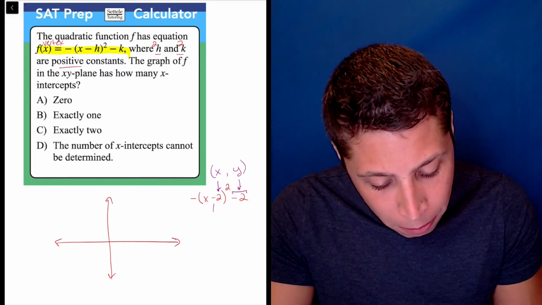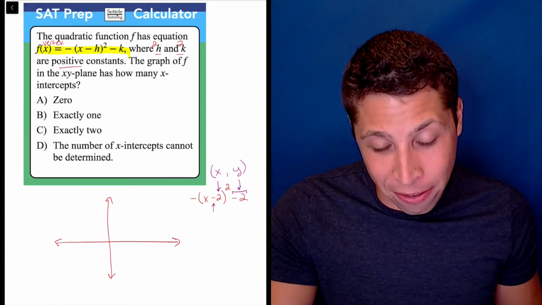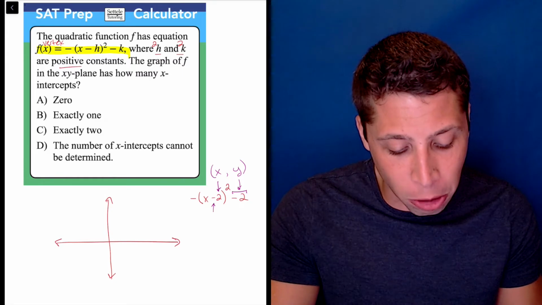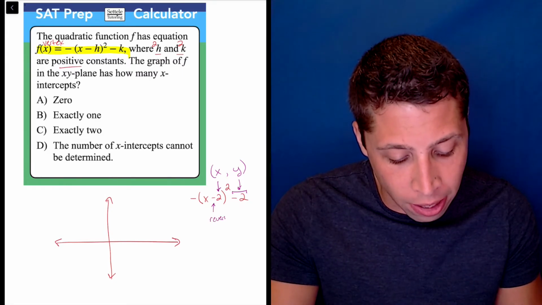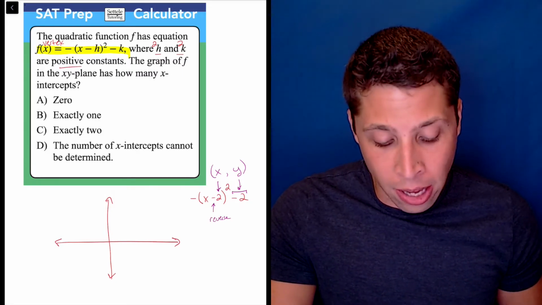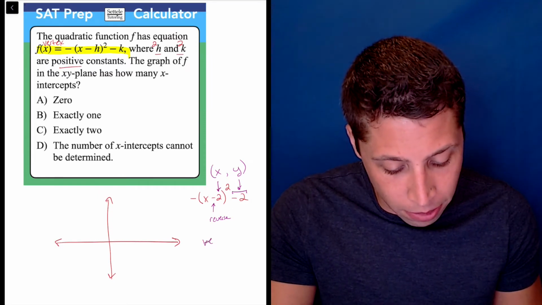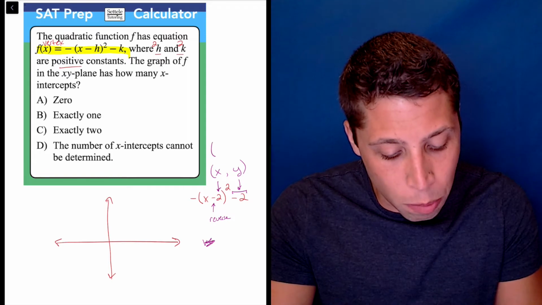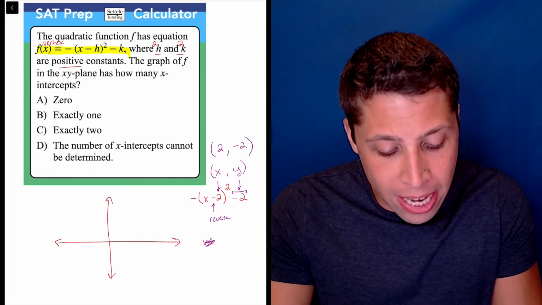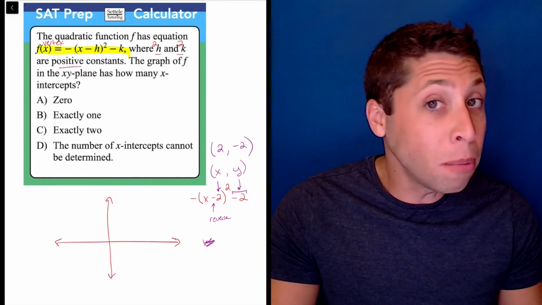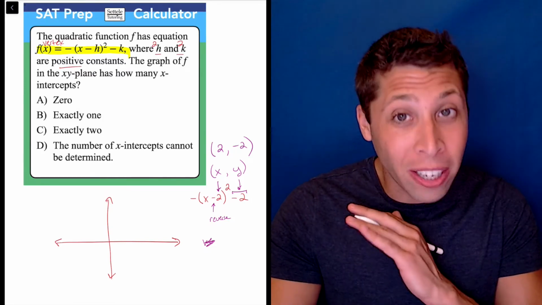Now, the problem here is that the negative is built into the formula. So when we have this x term, we have to reverse the sign of what it is, okay? So this means that the vertex, based on this equation, would be positive 2, negative 2.